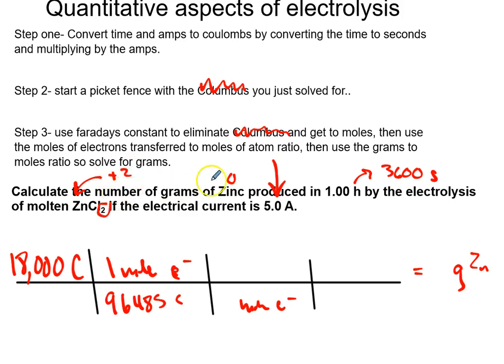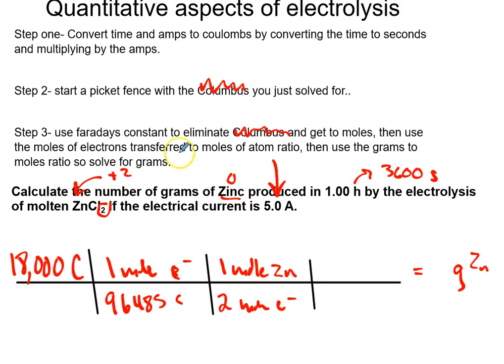So all we need to know is the difference there is that there are 2 electrons transferred for every 1 mole of zinc. Do you understand like that? Every zinc atom has to lose 2, so every mole of zinc loses 2, or for every 1 mole of zinc, 2 moles of electrons are transferred.